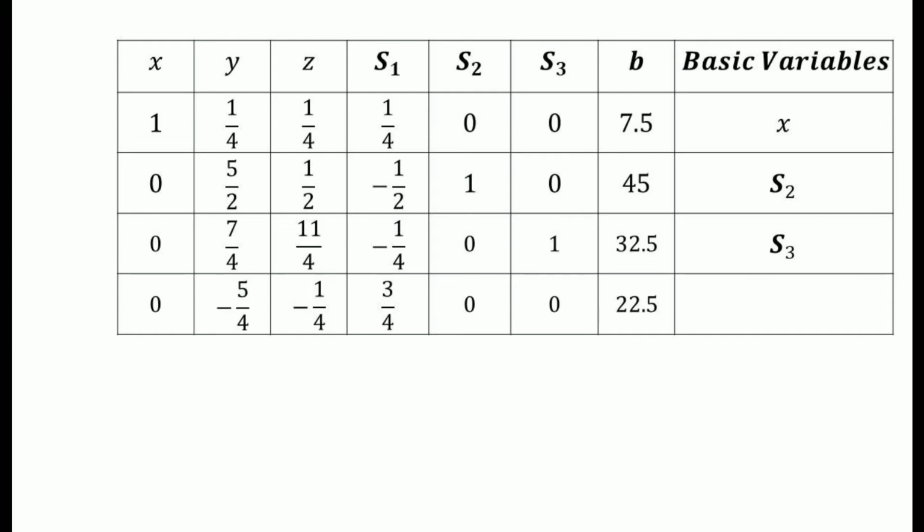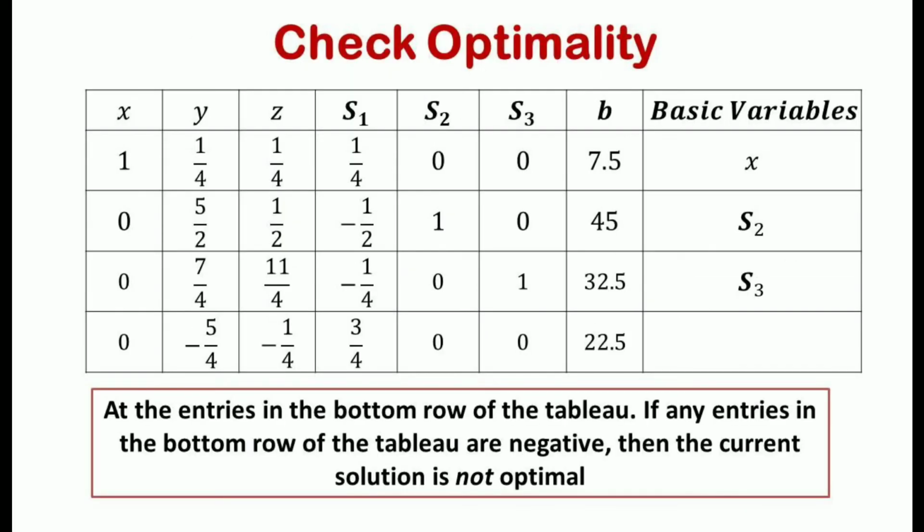That means to check whether the calculated solution is optimal or not. See, in the given table, if all the values in the bottom row are positive or equal to 0, then we can have an optimal solution. But see here, we have two negative values, that is minus 5 upon 4 and minus 1 upon 4.